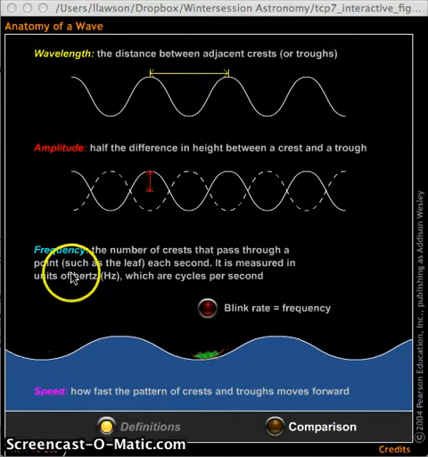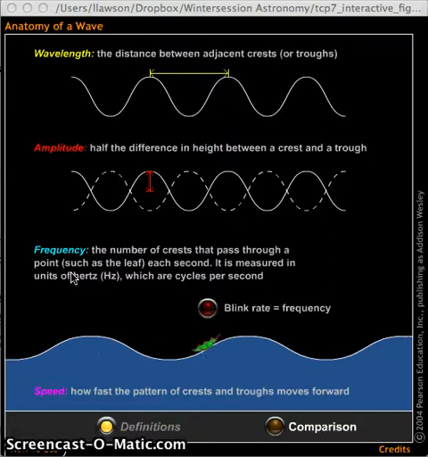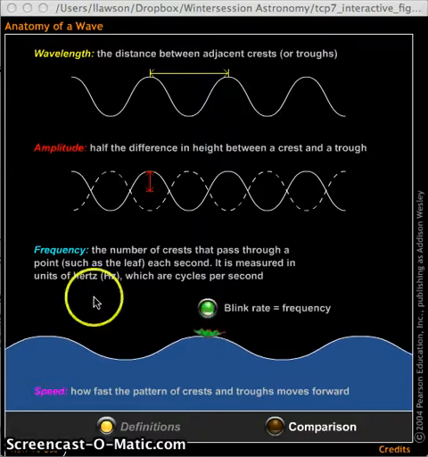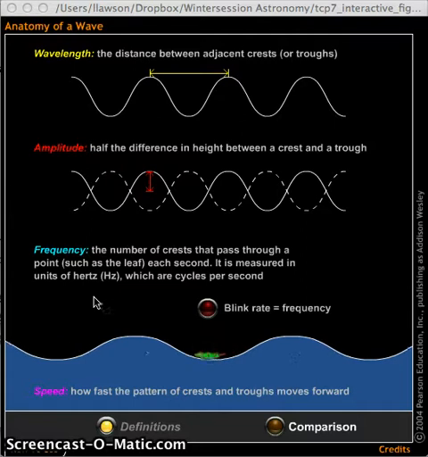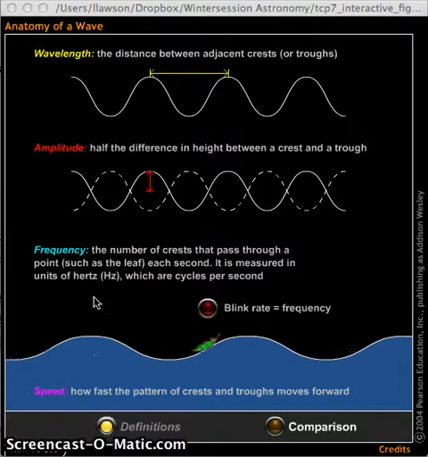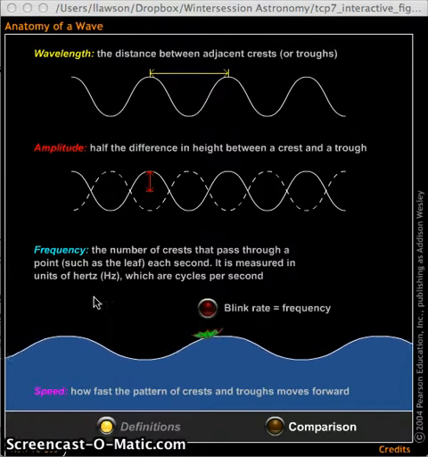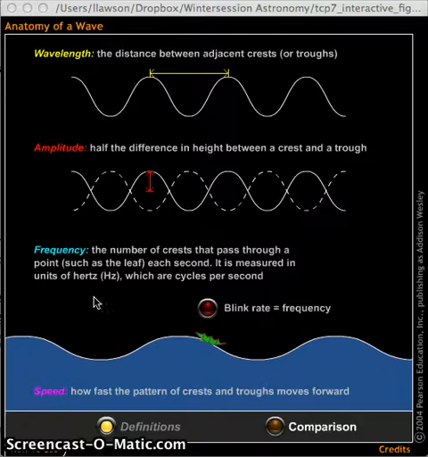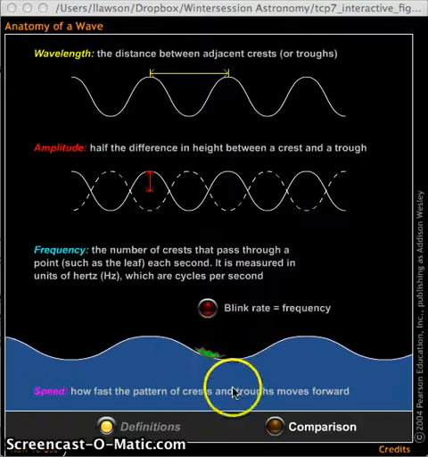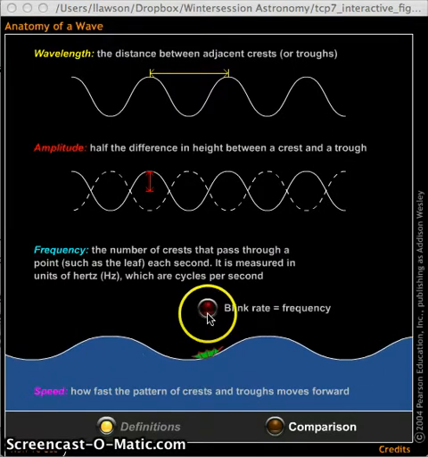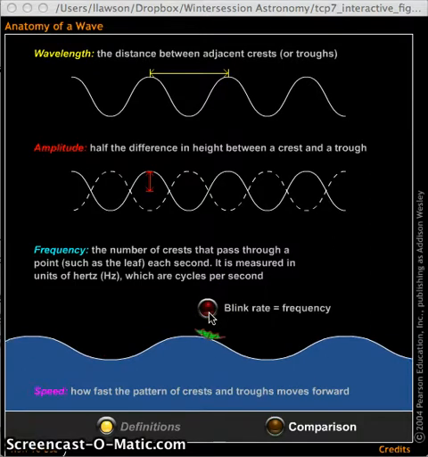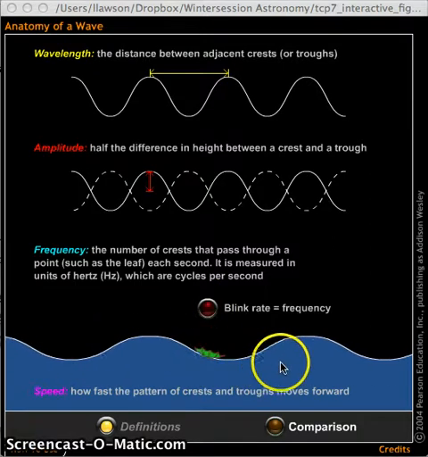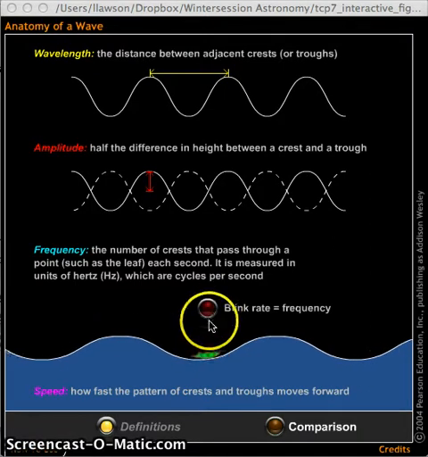The frequency is something that might be difficult for us to really understand, but basically it's describing how quickly the wave oscillates between high and low points. The best way to think about this is, as in this picture, we're at a particular location. We're standing as a wave is passing us. Notice this wave moving right below this spot.